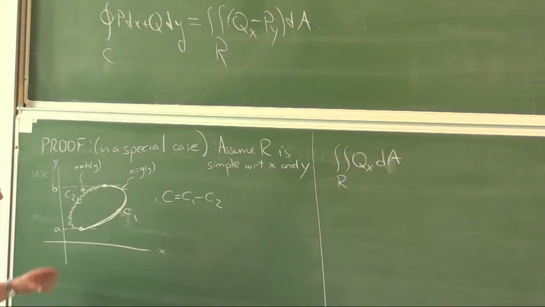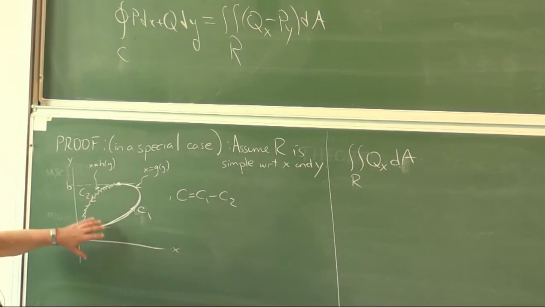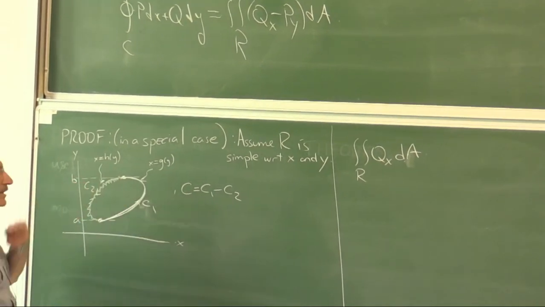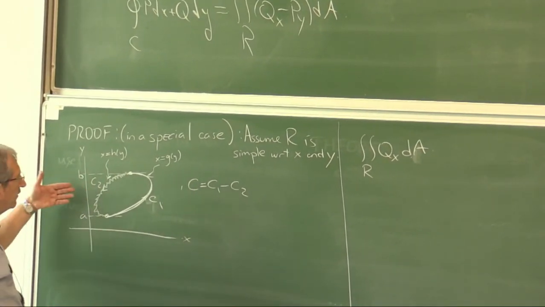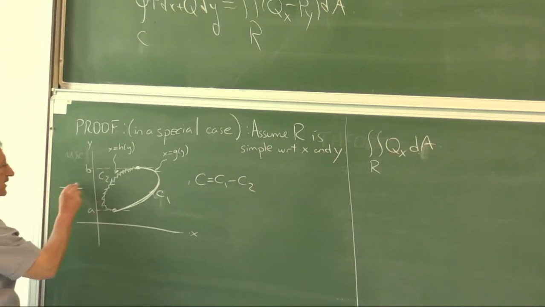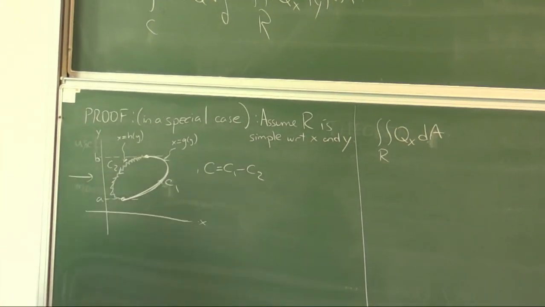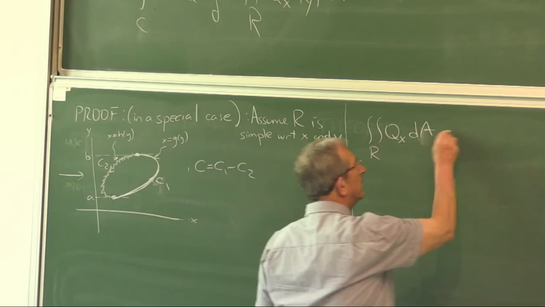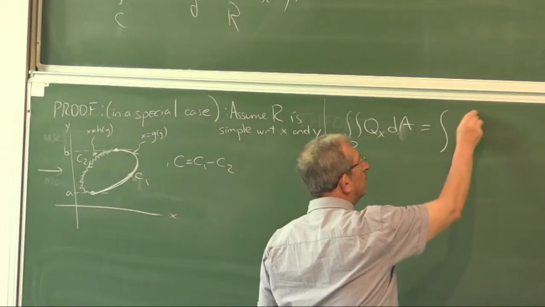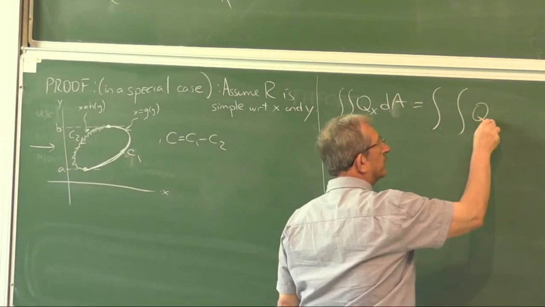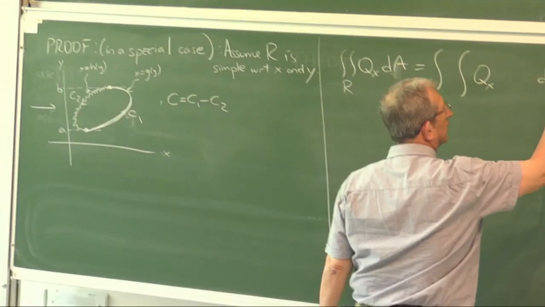Now, because this is a simple region, I can write it with respect to x first. So this would be in iterated form, q sub x dx dy.